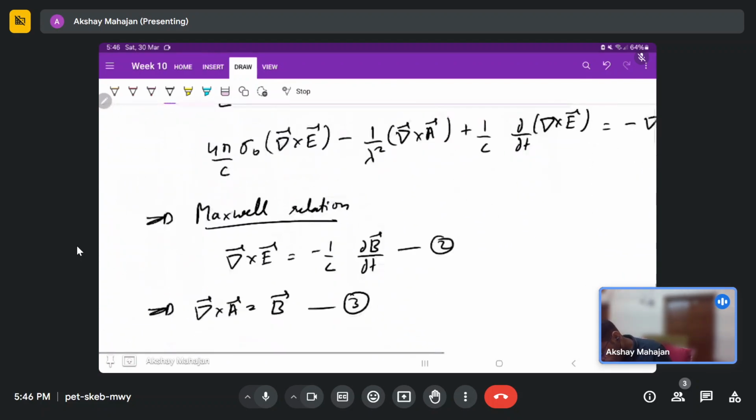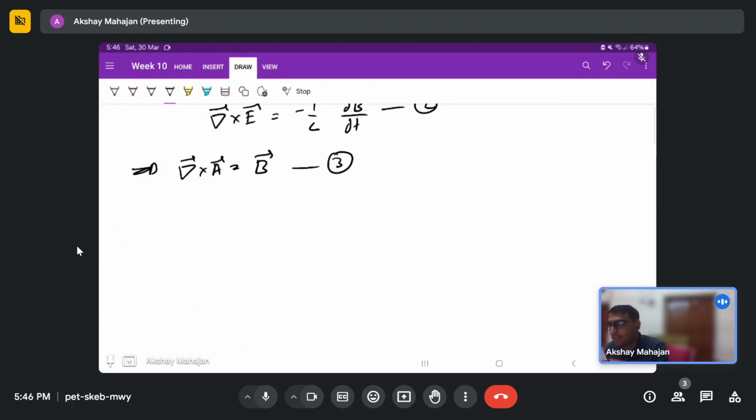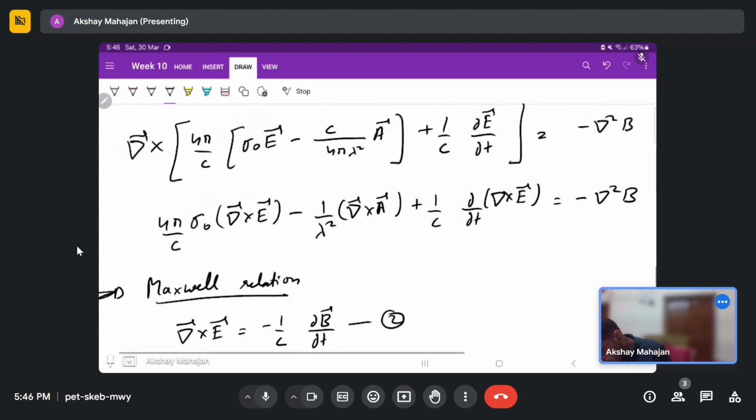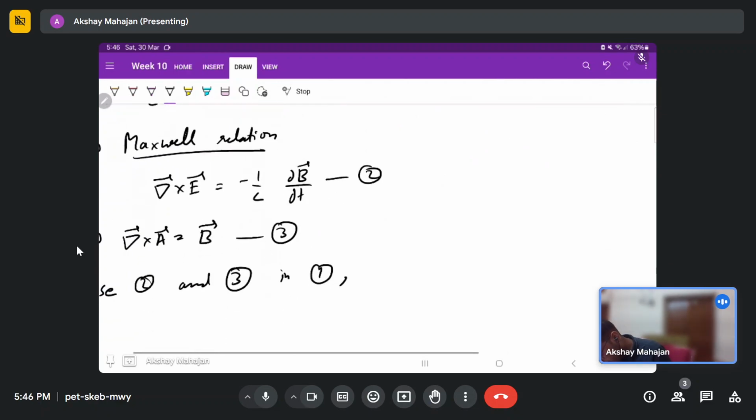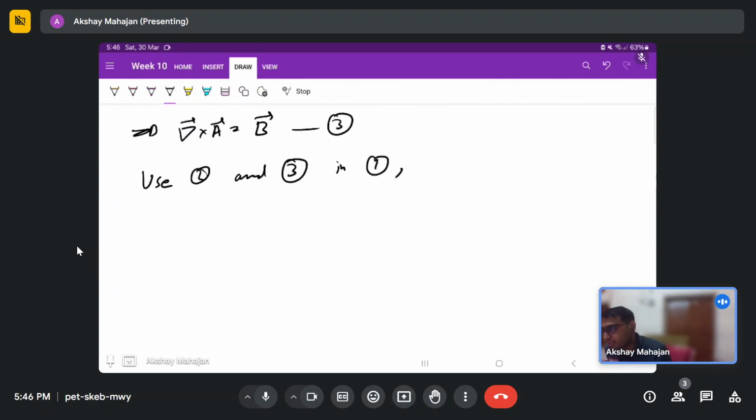So we have to replace them and get everything in terms of B, the magnetic field. It is magnetic field intensity, but in CGS units for a non-magnetic system, magnetic field and magnetic field intensity are the same, so we can take H vector as B vector. So use 2, 3 and 1, where 1 is the equation we derived here, and 2 and 3 are the Maxwell relation and the definition curl of A vector equals B vector.